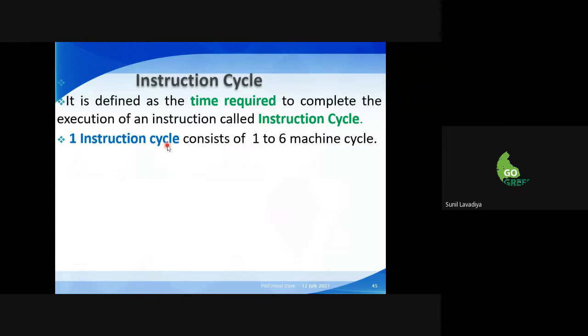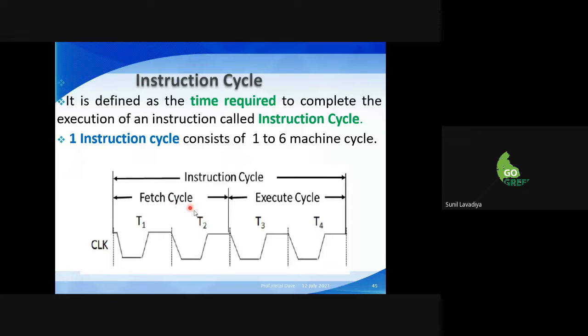Each instruction cycle consists of 1 to 6 machine cycles. So T-state is a part of machine cycle, and machine cycle is part of instruction cycle. This is the hierarchy you need to remember. For example, this is one machine cycle, this is another machine cycle. In this machine cycle, 2 T-states are there. In this one also 2 T-states are there.